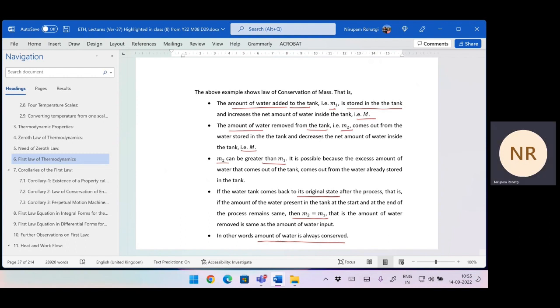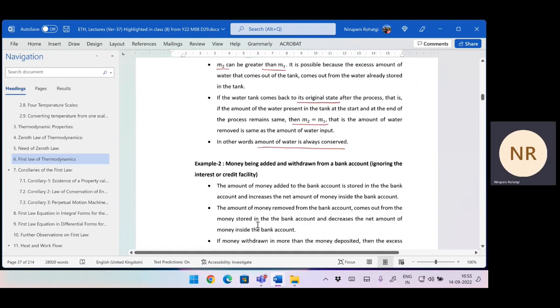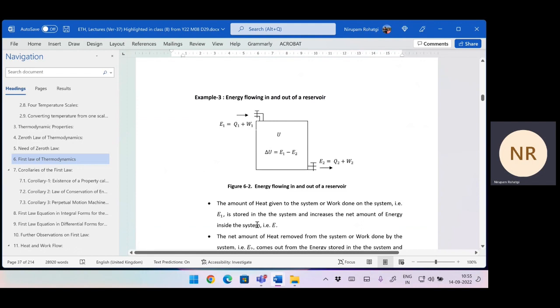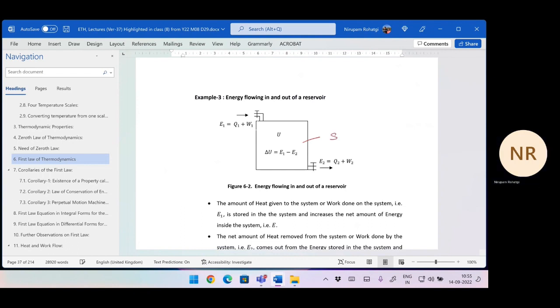Same thing happens with energy. You take a body, or you can say a system, and this is a closed system. Okay.